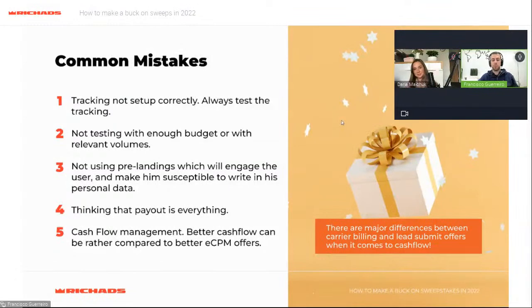And this is why it's crucial that you test an offer even if the payout is less. And this is something that I will talk about a bit more on the next slide when it talks about the pro tips. But just for you guys to be aware, and this is a mistake that I see a lot, payout is not everything, okay? What matters is ECPM. But this is something that I will talk about more in the next slide.